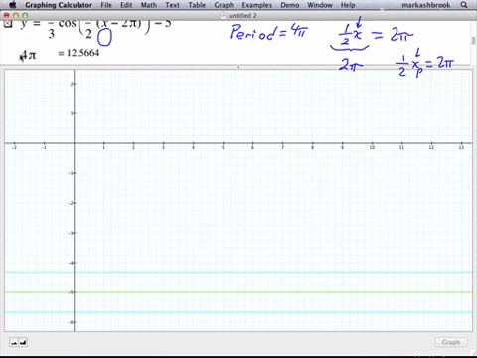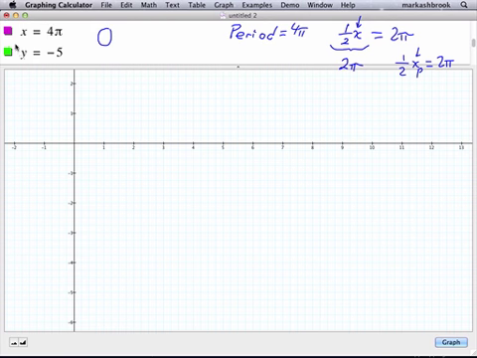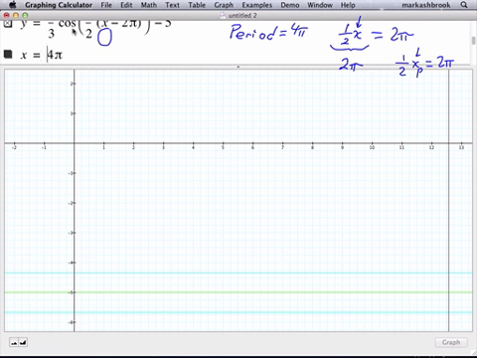Let me do x equals that. Okay, so there's our period. How do we construct the wave knowing that that's the period? What do we do? Divide by 4. So what is that divided by 4? Pi. Okay, so every quarter period is going to be pi.